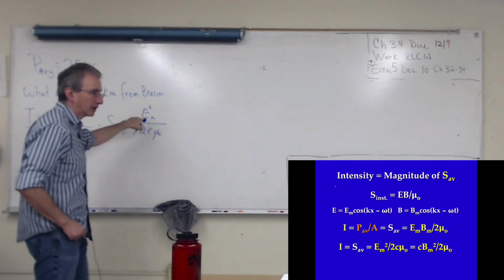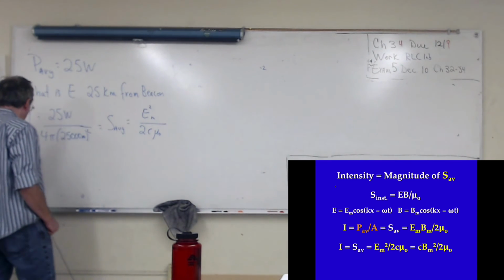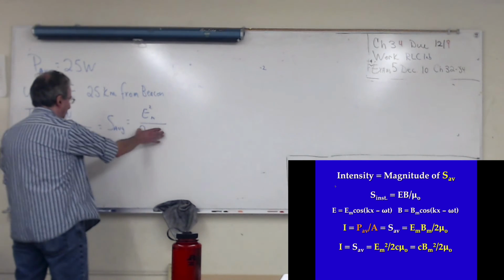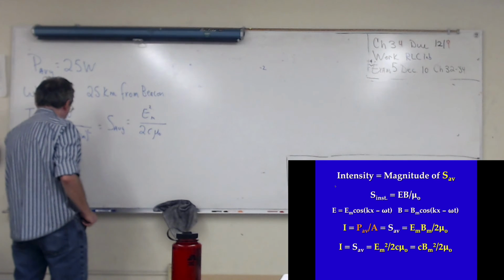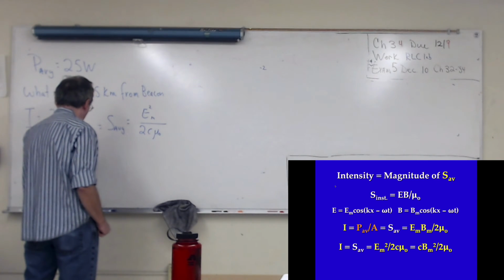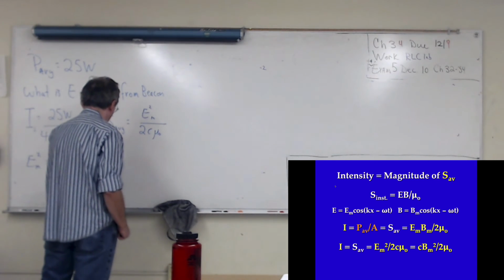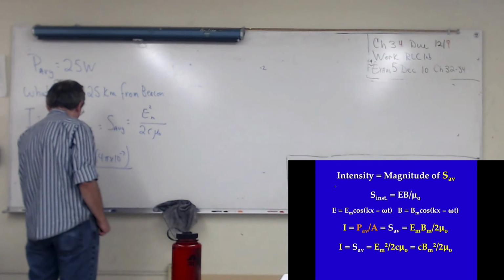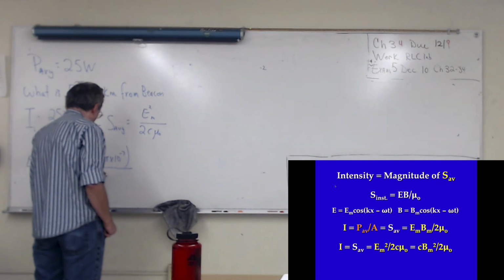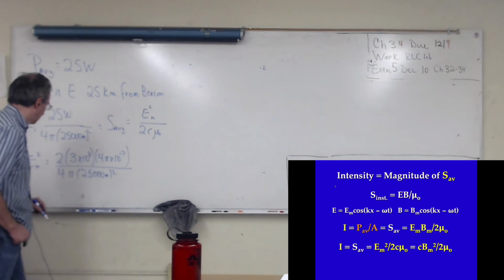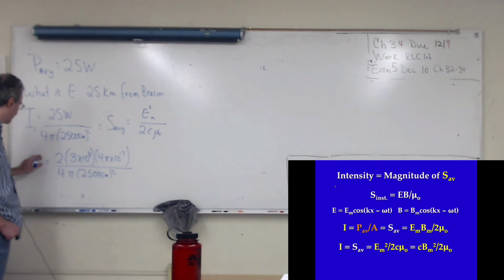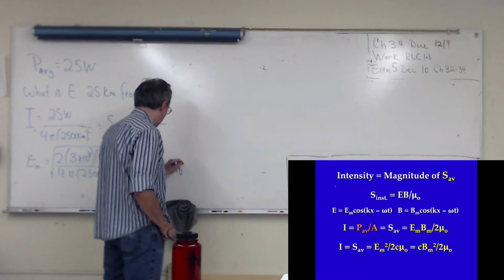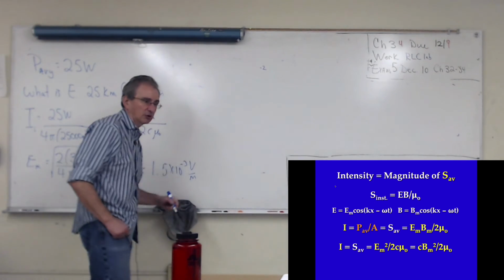And all I've got to do is solve for this. E max squared is going to be equal to, I'm just going to bring this stuff up here. That's E squared, and then to find E, I take the square root of both sides. And I get 1.5 times 10 to the minus 3 volts per meter, or newtons per coulomb.